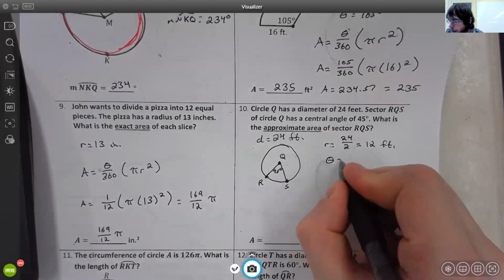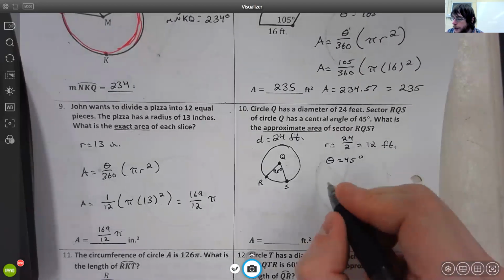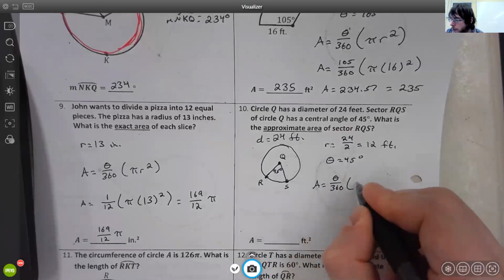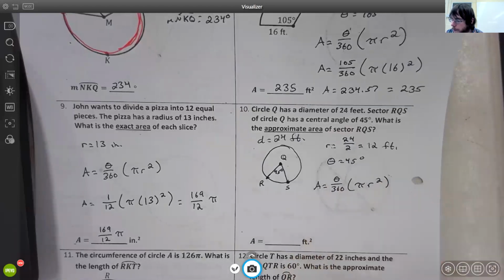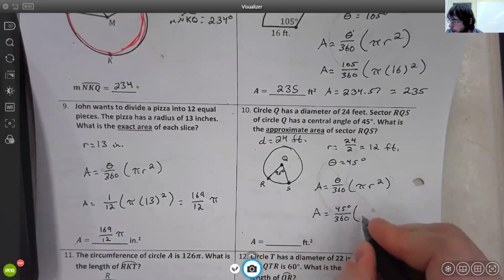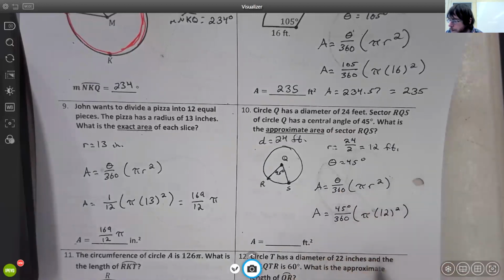Your theta is 45 degrees, and your formula for sector area is theta over 360 times pi r squared. So theta is 45 over 360, then you have pi times 12 squared.